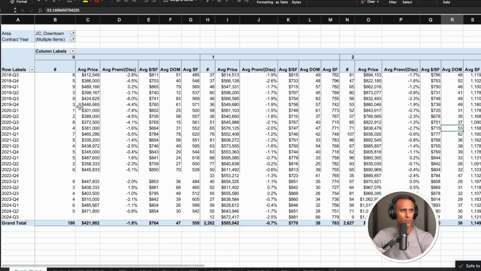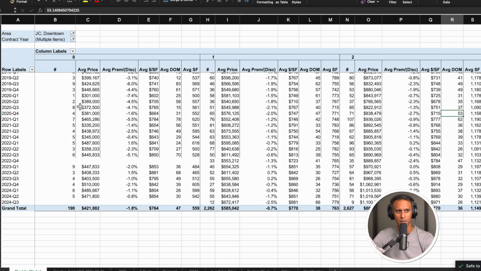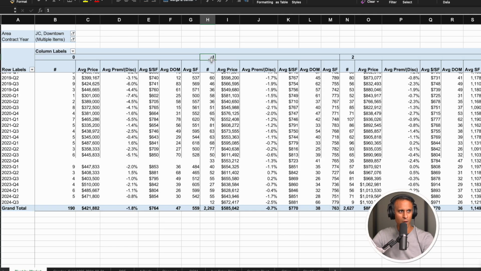The other thing is on the condo side. I mentioned it in the beginning, I'll show it here. When we're doing our condo project, we really deep dive into the data. Here's one that looks at one specific submarket defined in the MLS, the Jersey City downtown market. I can look at studios, how many units sold, or one bedrooms.